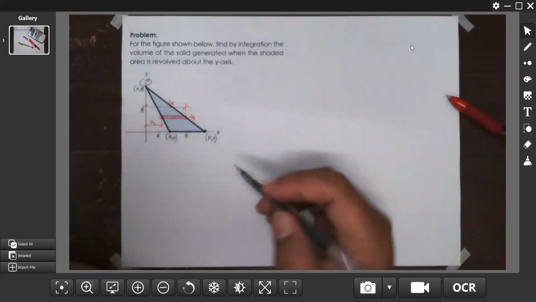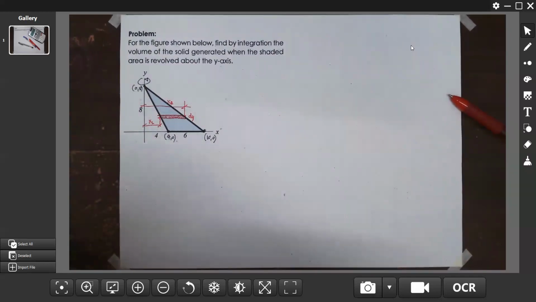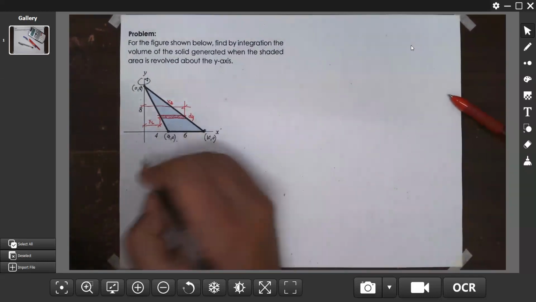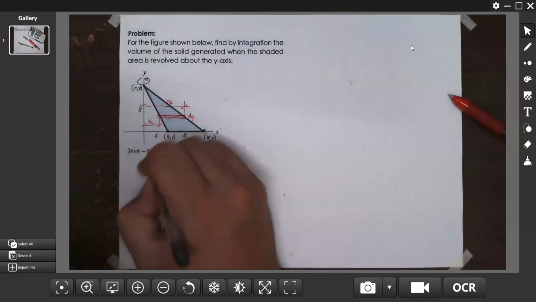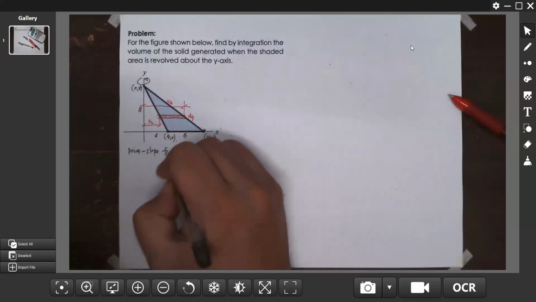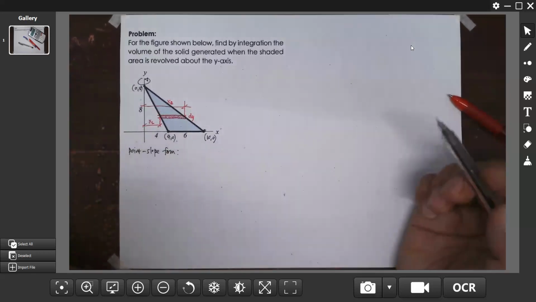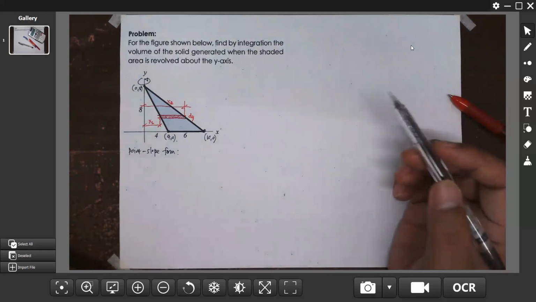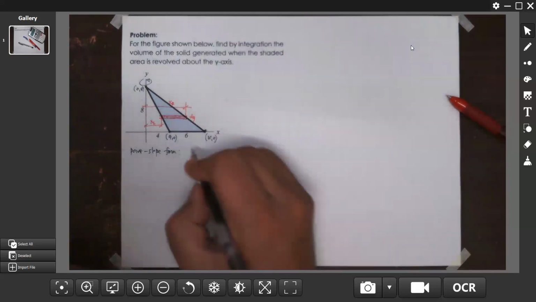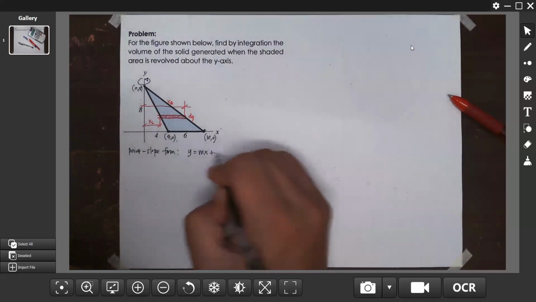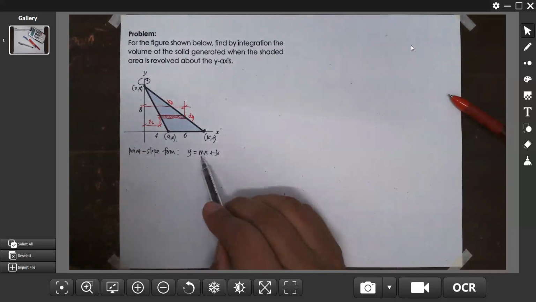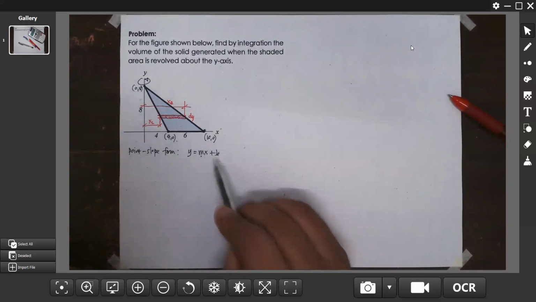Now, you can use the point slope form. There are four standard forms of a straight line, and I will be using this one, the point slope form: y equals mx plus b, m being the slope, b the y-intercept. The y-intercept is the point where the line intersects the y-axis.